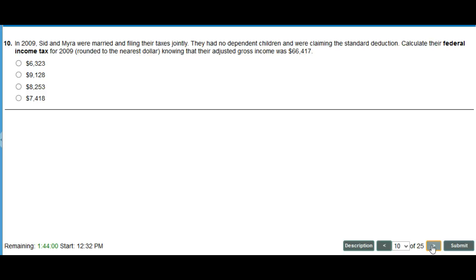Calculate their federal income tax for 2009, rounded to the nearest dollar, knowing that their adjusted gross income was $66,417. $6,323, $9,128, $8,253, $7,418.